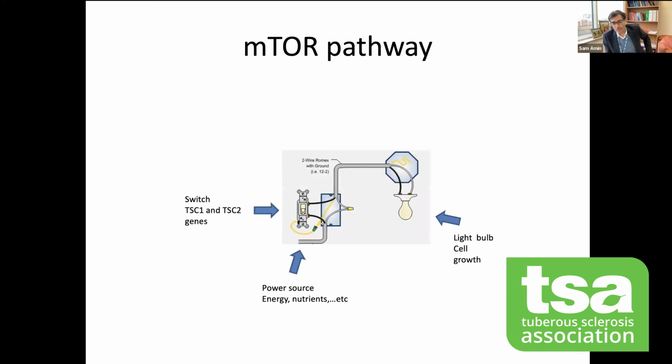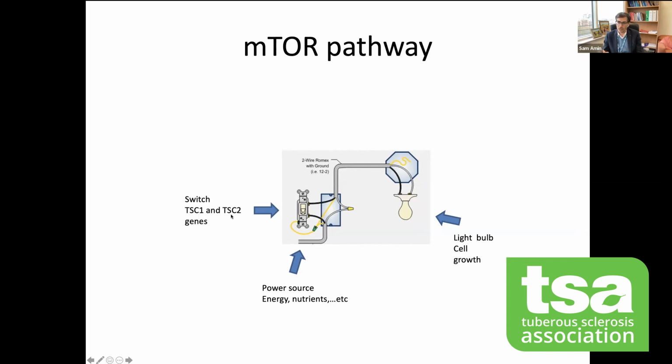This diagram shows you what happens in cells in individuals with TSC. TSC is a genetic condition. It happens because you have a change, or variant as we call it, in either the TSC1 gene or TSC2.